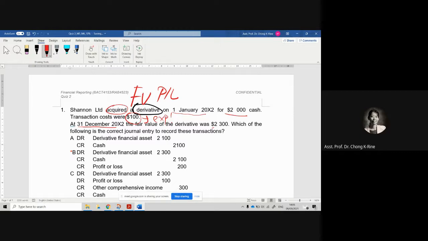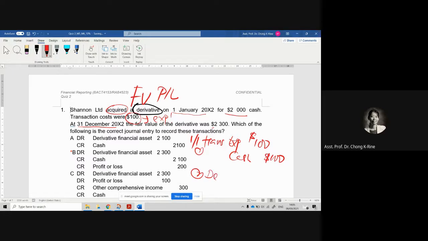So I do the whole thing, see whether you can understand. At inception on 1st of January, I'm going to debit transaction cost, which is an expense, $100, and credit cash because I pay for it, $100, and then at inception we have the minimal cost, so we have to do a journal entry.